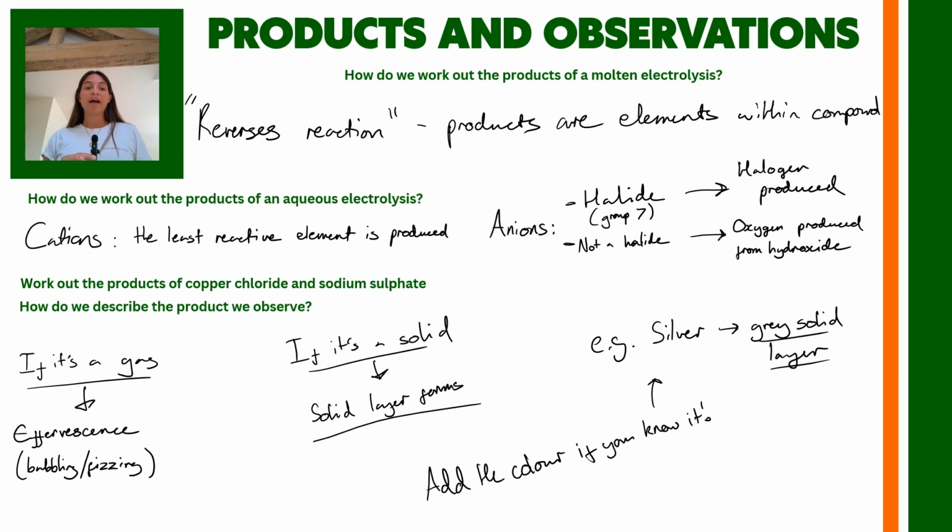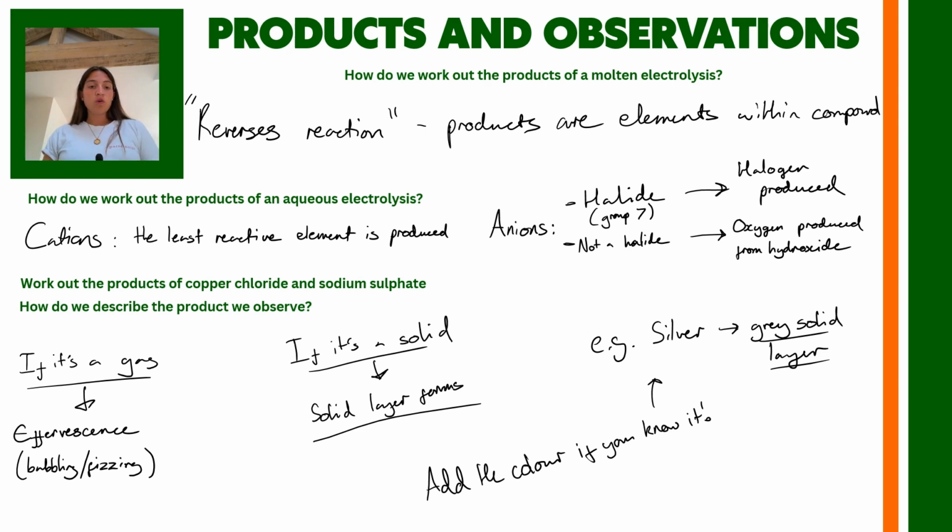And now I have to decide, is copper more or less reactive than hydrogen? So copper is less reactive than hydrogen, which means that I'm going to get this copper being formed at that electrode. So I could say a solid layer forms of copper.